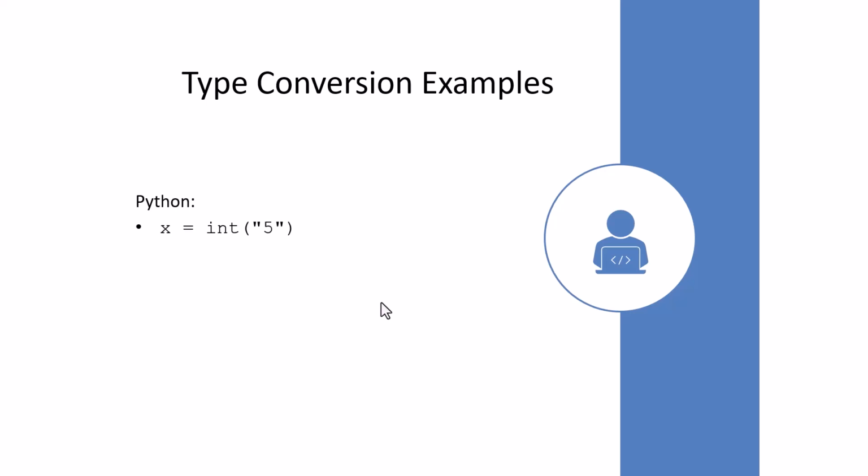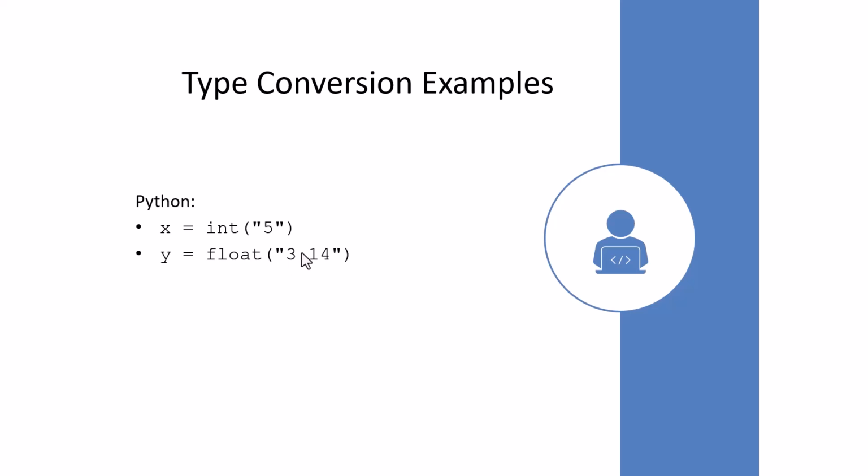Okay, now let's see some type conversion examples. So we have in Python x equals int of the string 5, which converts the string 5 into an integer, and the conversion of a string within double quotes, that is 3.14. This is also a string because anything within double quotes, like in C#, is also a string in Python.